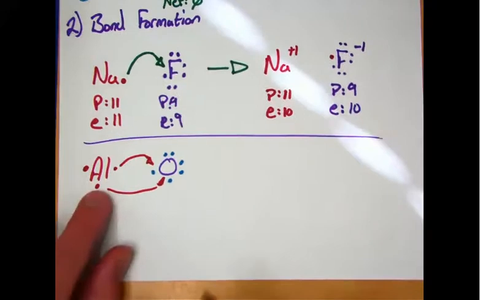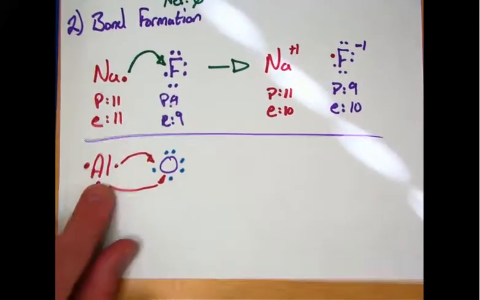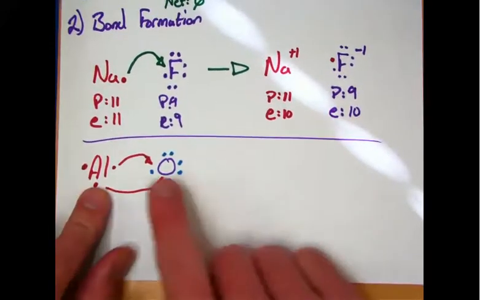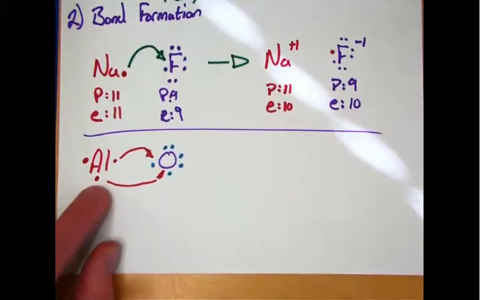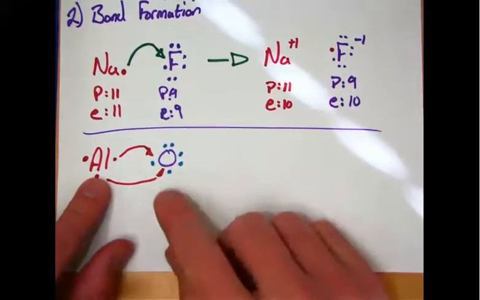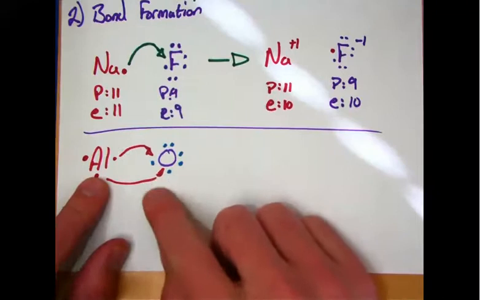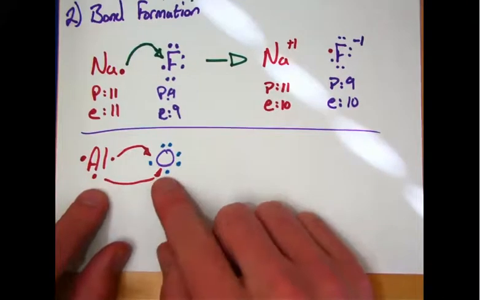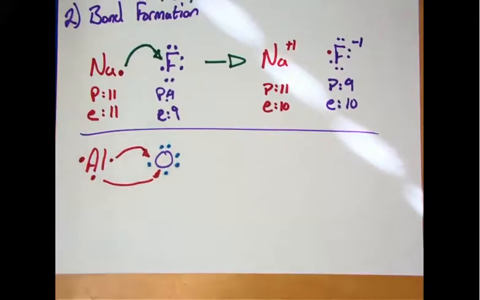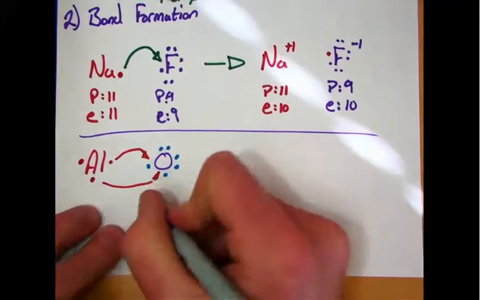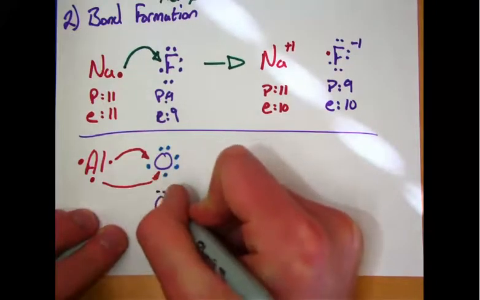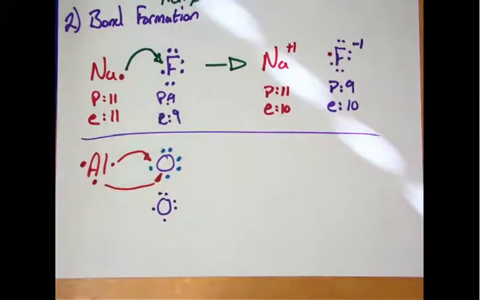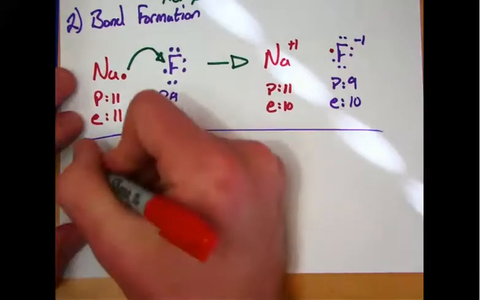So we're never going to actually have one aluminum atom interacting with just one oxygen atom. In fact, there's going to be millions or billions of extra aluminum atoms or extra oxygen atoms hanging around to work with. So we can assume that we can take another oxygen to take up that third electron. So we're going to transfer this one over here.